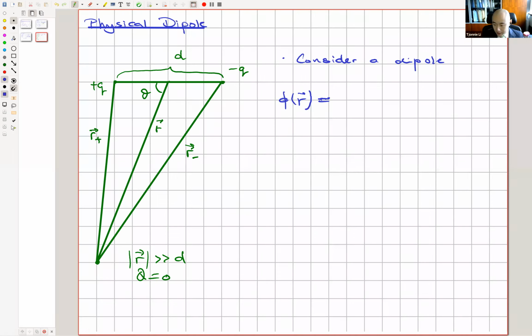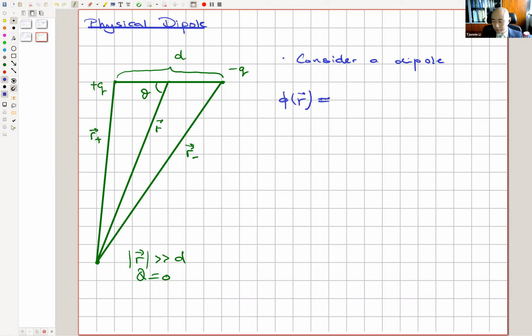But Dominic is saying 1 over r cubed. So we're not going to go into the approximation of very far away yet. I'm simply asking, what is the field? Okay, what is the scalar field in this case, in this situation that I'm plotting?